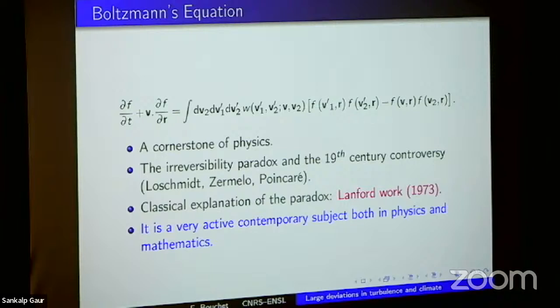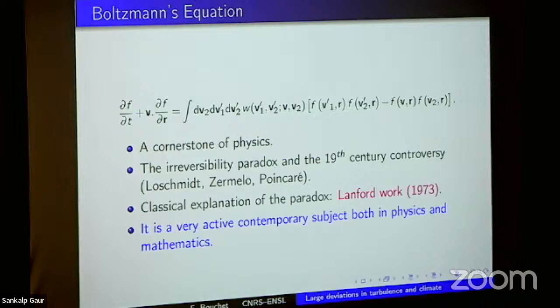Because we are assuming dilute gases, the particles will meet being nearly completely decorrelated, and then they will collide, and then they will leave far apart. That's why here you have a two-body process, because you have a two-body collision.